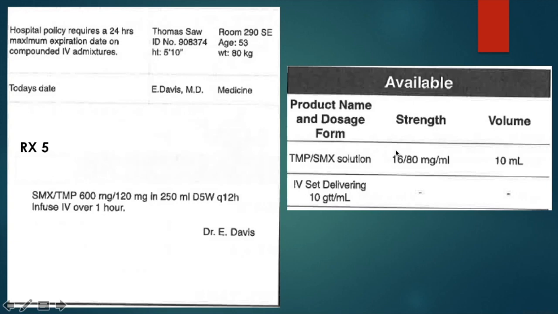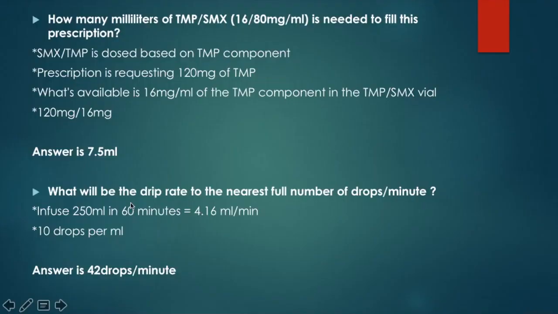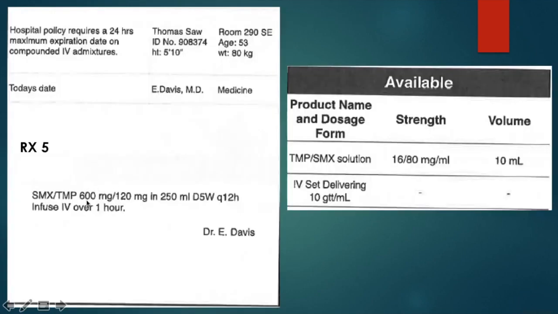So it's a little tricky. So it's dosed based on that, all right? So in this case, it's like just looking at 16 milligrams per ml. But you need 120 milligrams, right? So you just solve for it. You're going to get 7.5 ml. And you'll find that 7.5 ml will also give you 600 milligrams of the sulfamethoxazole.